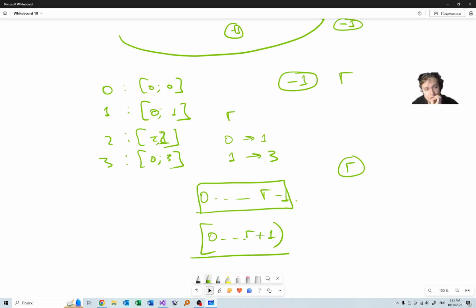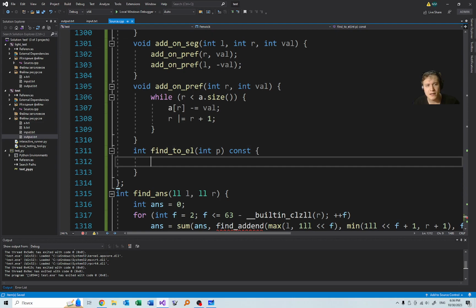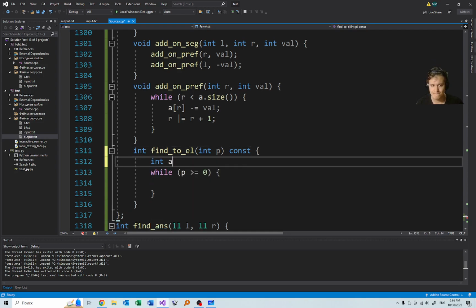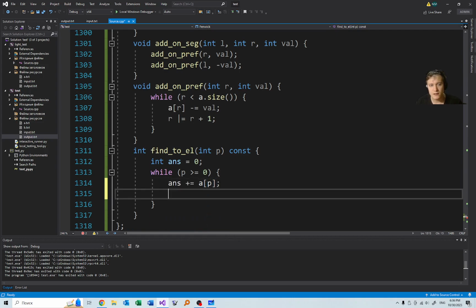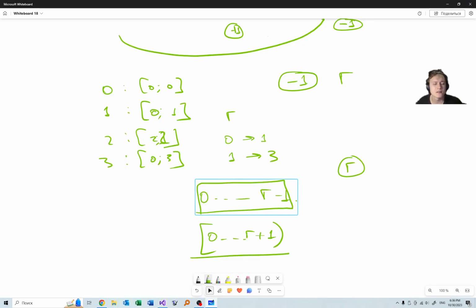So how to do it? I think simply while p is at least 0, I need to add it to ones, and then I need to somehow decrease p. How do I do it? So 3 goes to minus 1, 2 goes to 1, 1 goes to minus 1, and 0 goes to minus 1.